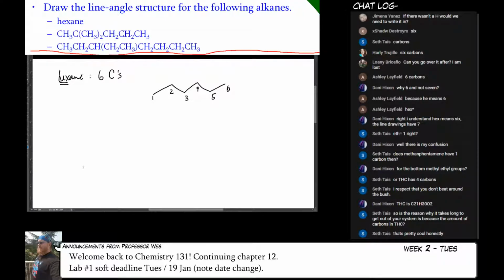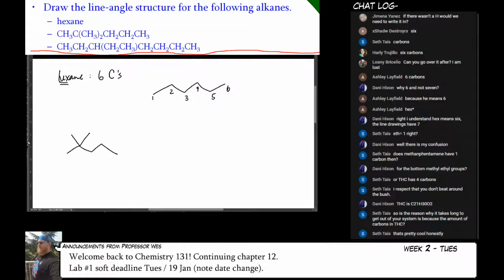Looking at that structure, I see 1, 2, 3, 4, 5 carbons in a row, not counting any branches, because the branched carbons would be in parentheses. So I'm going to do my 5 carbons in a row, 1, 2, 3, 4, 5. And then off of the second one, I have CH3 in parentheses 2, so I have 2 CH3 groups. It should look something like that.